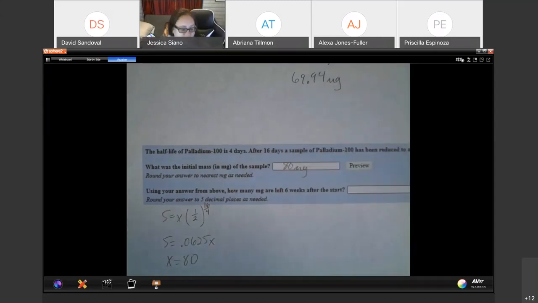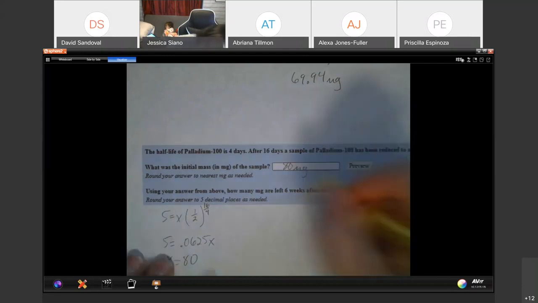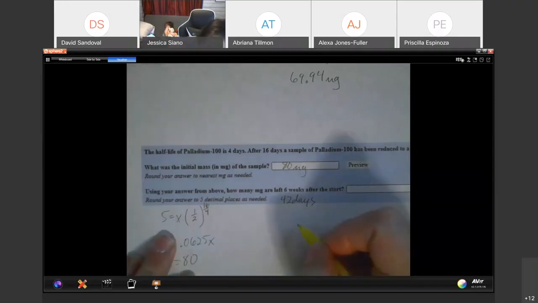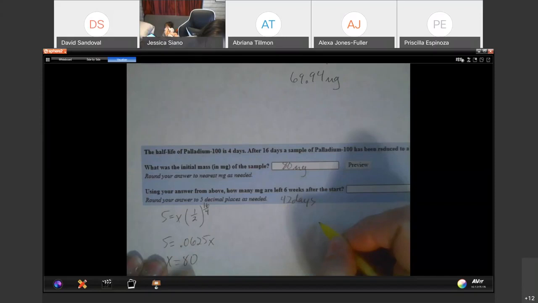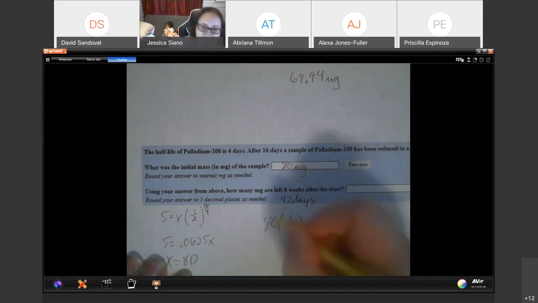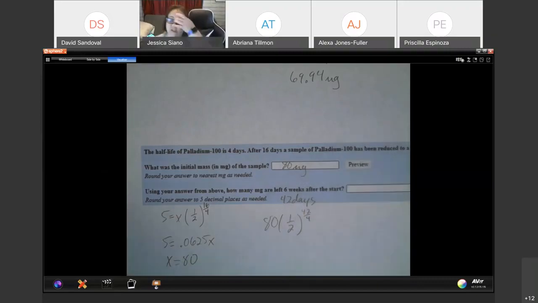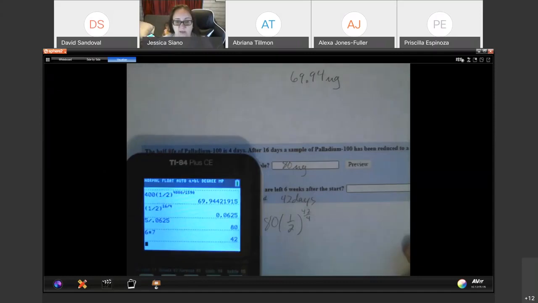How many are left after 6 weeks? How many days are there in 6 weeks? 42. So then we would say 80 is my initial, times a half to the 42 days over 4 to figure out how many half-lives will happen, since one half-life is 4 days.